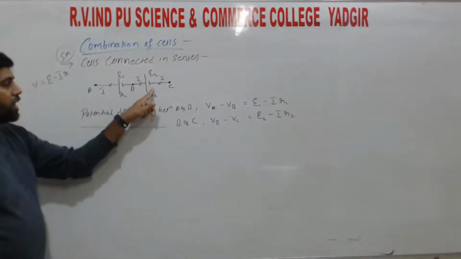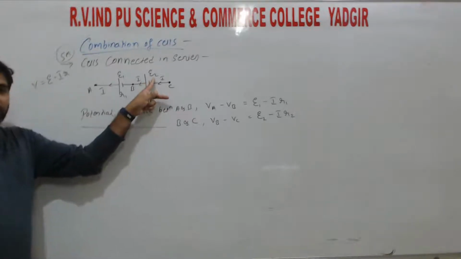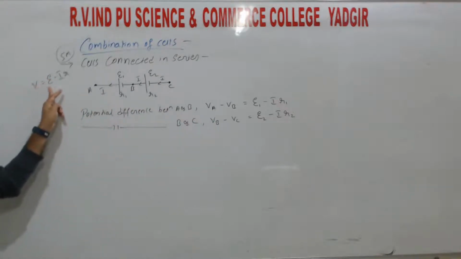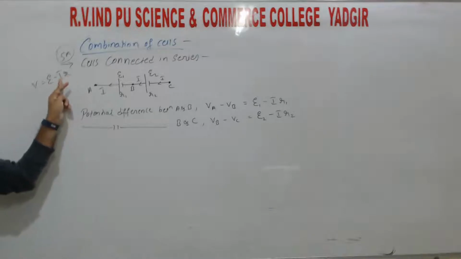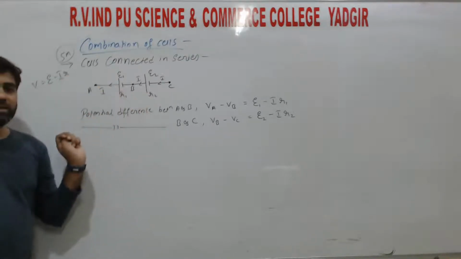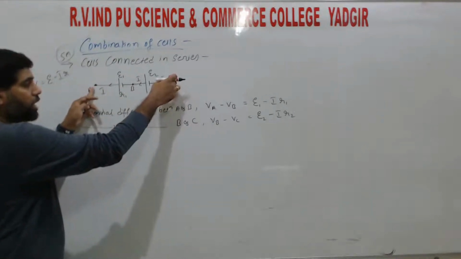E2 is the EMF of the second cell and r2 is its internal resistance, written from the formula V = E - Ir, where E is the EMF of the cell, I is the current flowing across the cell, and r is its internal resistance.